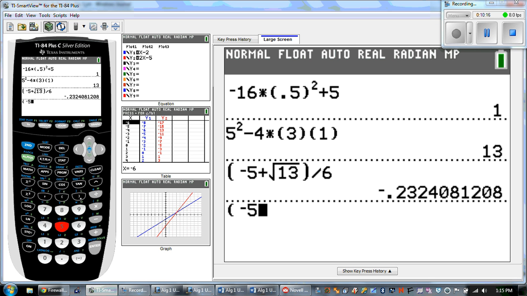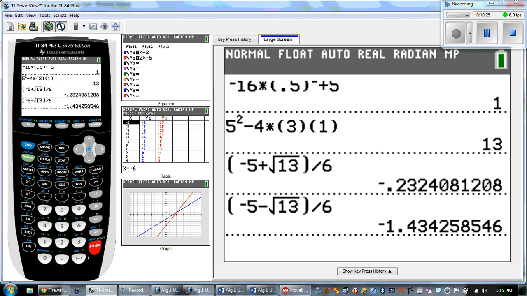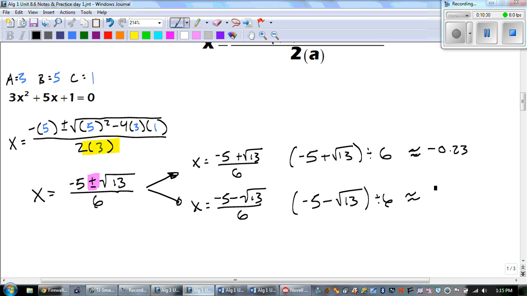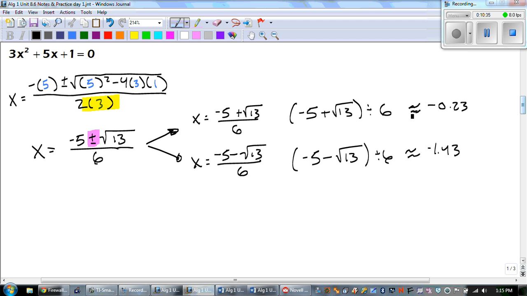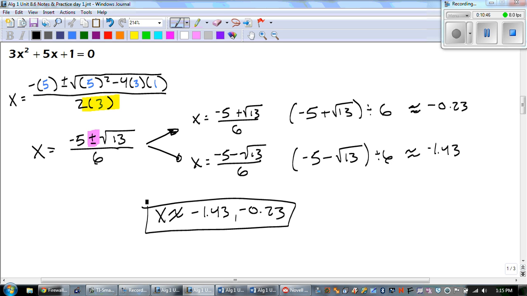We do negative 5, this time subtracting the square root of 13, divided by 6, and we get negative 1.43. So my final answer, I would say that x is in order negative 1.43 and negative 0.23. And remember, that is where they would cross the x-axis, around those points.